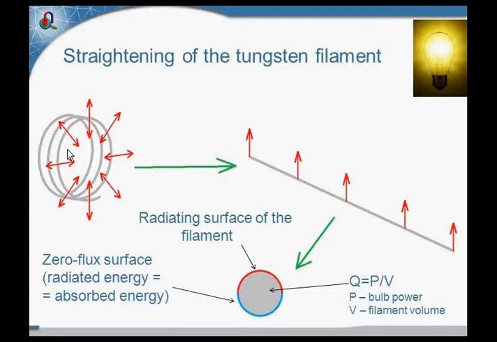The other side radiates inside the filament itself. That means that there is no heat exchange. And after the straightening of the tungsten filament, we will get very simple settings.